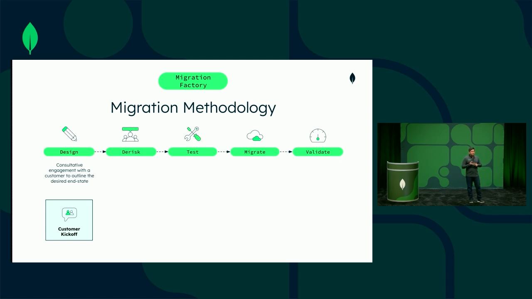Then you'll remember the tooling that Revethy talked about. Using criteria like what the source and destination topology look like, what your downtime tolerance is, what your data size is, select the right migration tooling, and once you have done that, design the migration solution.